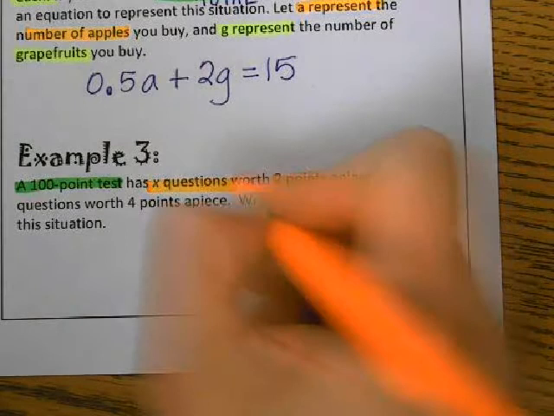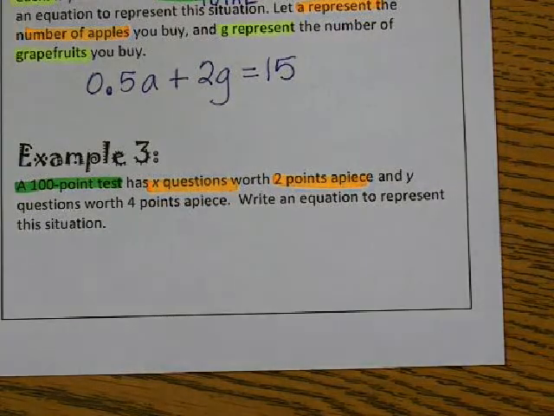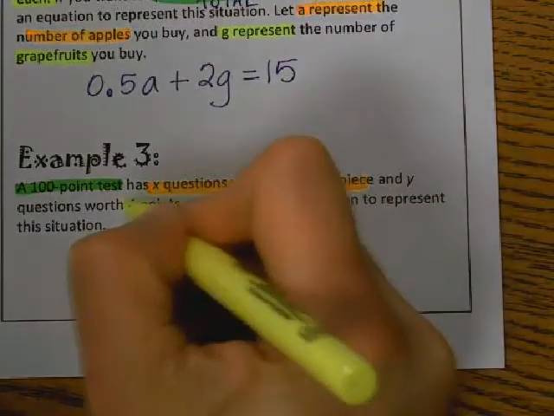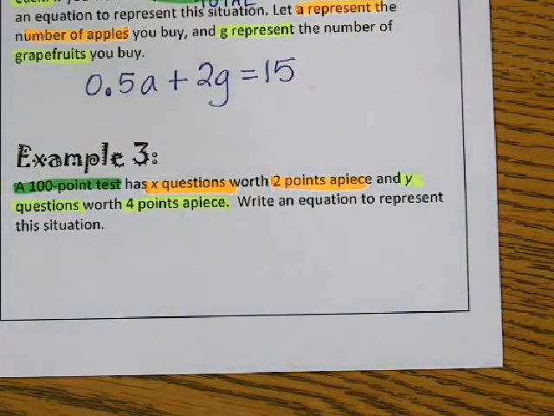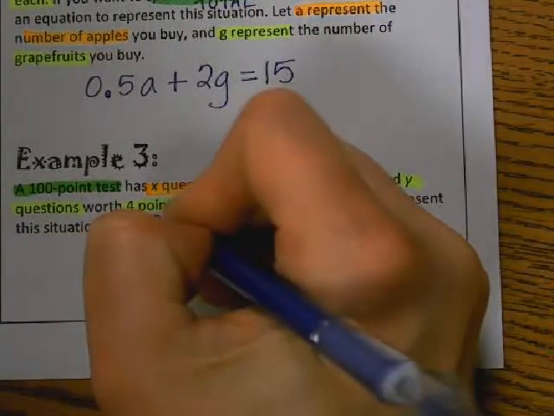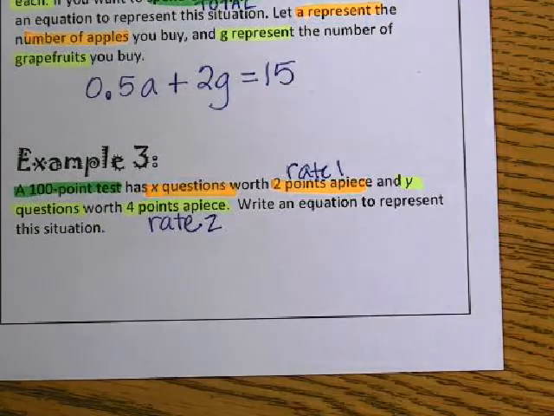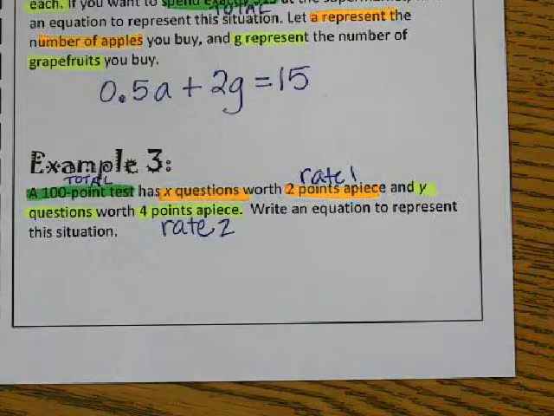That's a rate. We're talking about X questions. So that's going to stay orange. Then it says 4 points apiece. That's another rate, and that's referring to Y questions. So we have rate 1, rate 2, and total. See how they're in a different order this time?